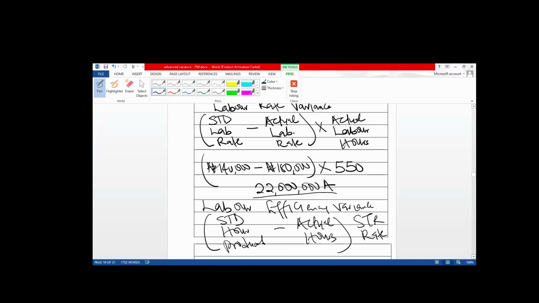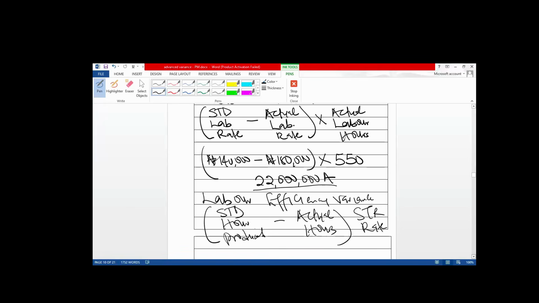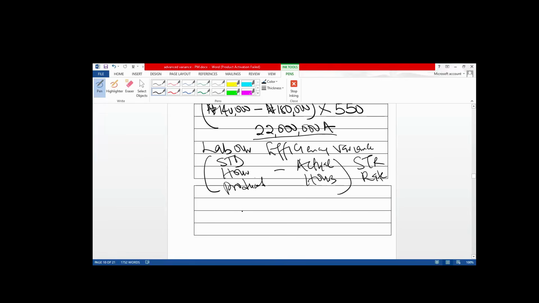Standard hours for production we have calculated, assuming you are efficient, the standard hours should be 275 hours.